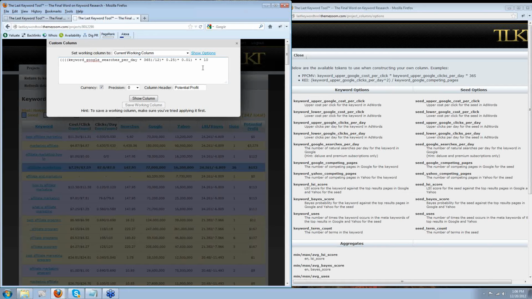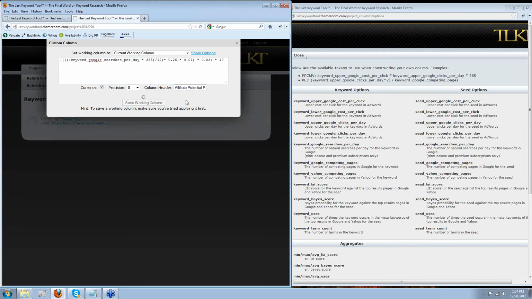Let's say that you get 1% of the people that actually click from your site to the affiliate sales site, and then you only get a 1% conversion, or maybe they've got a really good site and you get a 3% conversion once you hit there. So let's look at that, and let's keep the profit margin at 10%. We'll call this affiliate potential profit and show that column.